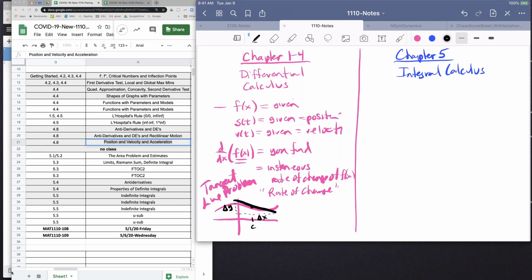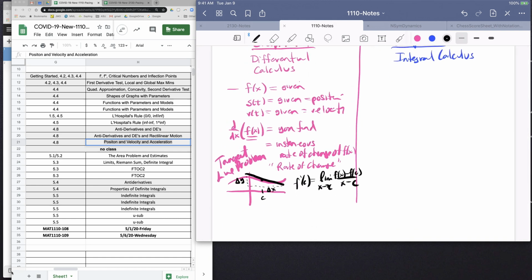We were talking about the tangent line problem and its relation to differential calculus. We know that f prime at c is the limit as x goes to c of f of x minus f of c over x minus c. And that's the derivative at the point c.